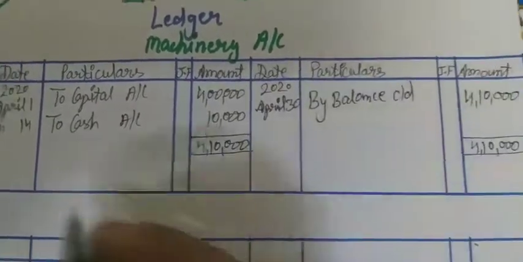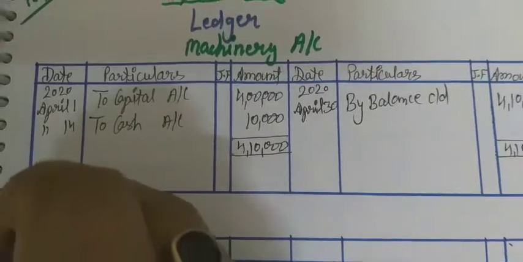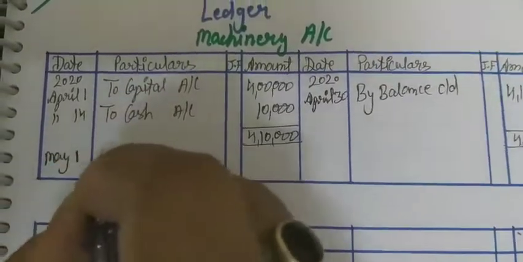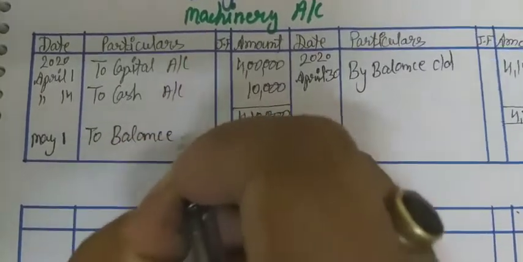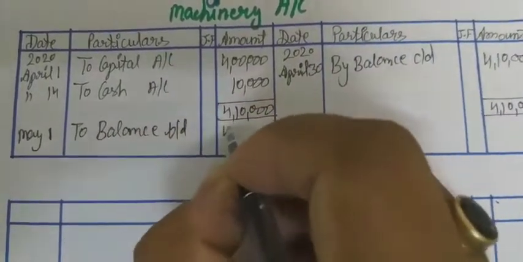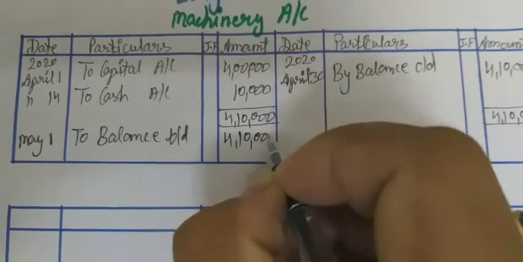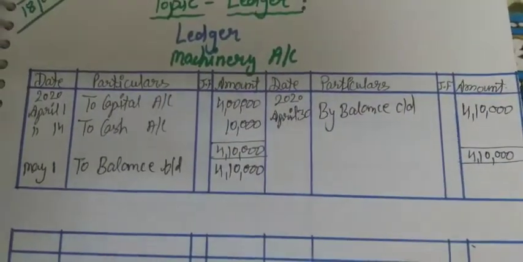This balance will be transferred to the next month, May 1st, to balance b/d 4,10,000. So the machine account is completed.